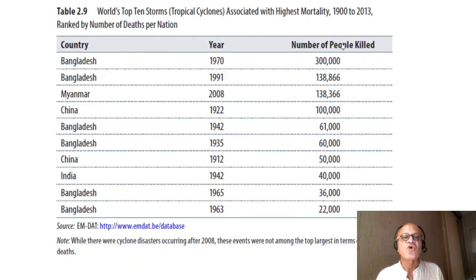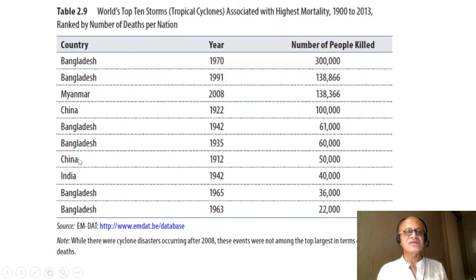Okay. Storms, world's top 10 storms, tropical cyclones associated with highest mortality. 2008 is the last one here, but we know that the mortality with cyclones has reduced even in a country like India. Forecasts have gotten better. Disaster management and disaster recovery have gotten supremely better.